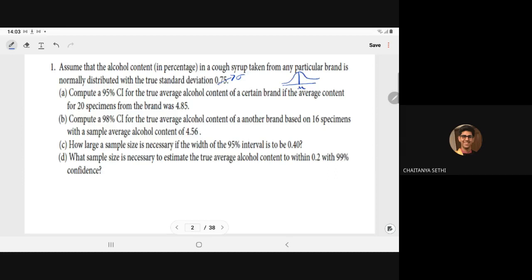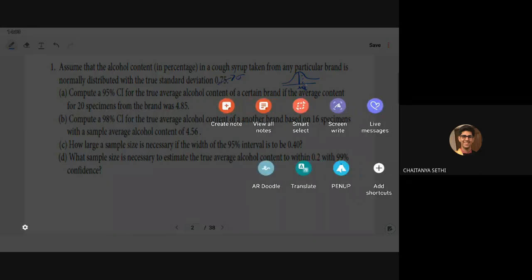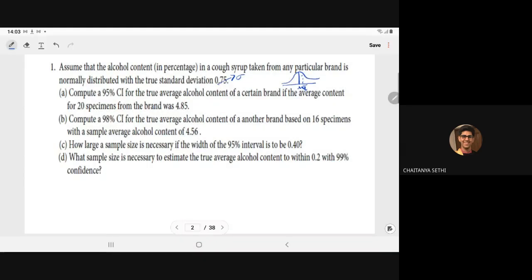Now you have taken a sample of size 20, and from that you have computed the x bar. So what should be the confidence interval, computed from the x bar, that must contain the mu, and this must be at 95% confidence, as asked in this question.